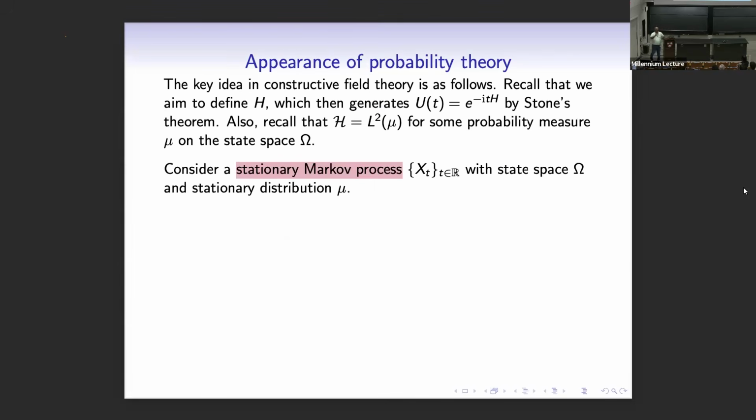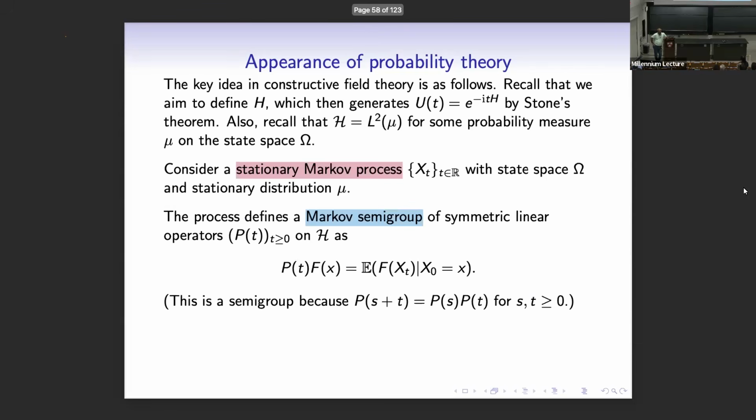So I'm going to probability language, and I'm just assuming that you have some familiarity with Markov processes and Markov chains. Okay. So suppose you have a stationary, actually reversible, I forgot to mention that, it's very important, stationary reversible Markov process with state space omega and stationary distribution mu.